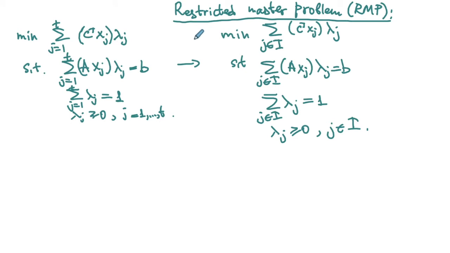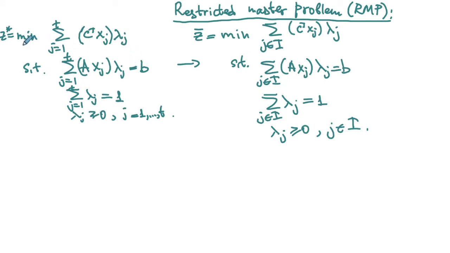So let's denote the optimal objective of the restricted master problem by z bar. Obviously, z bar is going to give us an upper bound on the optimal objective value z star of the master problem, because a solution to the restricted master problem is feasible to the master problem, and then there may be some good columns that we can add to the restricted master problem in order to improve the solution.